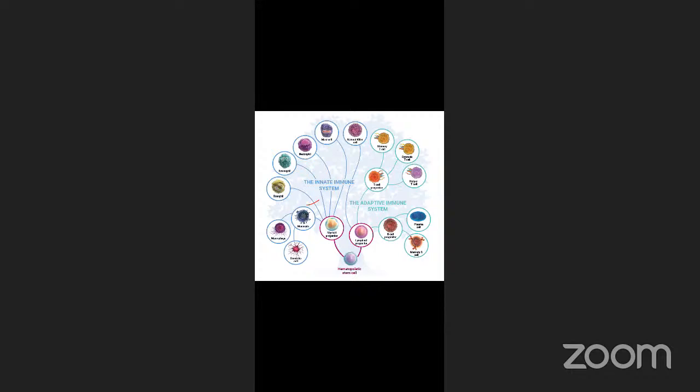Another cell is the platelet. Platelets and erythrocytes also come under innate immunity. If any parasitic infection is there, platelets release some mediators, which activate the complement system.